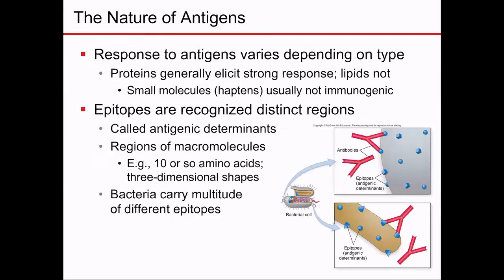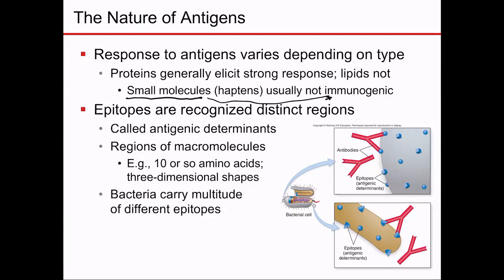Now, an important concept that you need to understand about antigens is that the response to antigens could vary, depending on the type of antigen that is present. We may find, for example, molecules that are too small and they may not elicit an immune response.